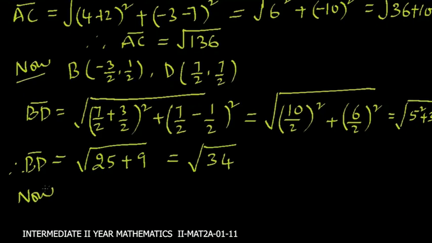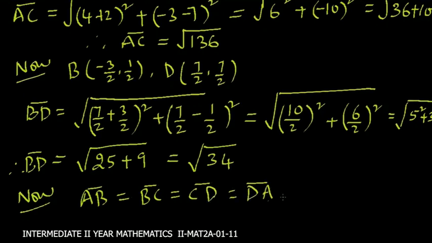So now we can write the sides AB, BC, CD and DA, all four sides are equal, and the diagonals AC not equal to BD.